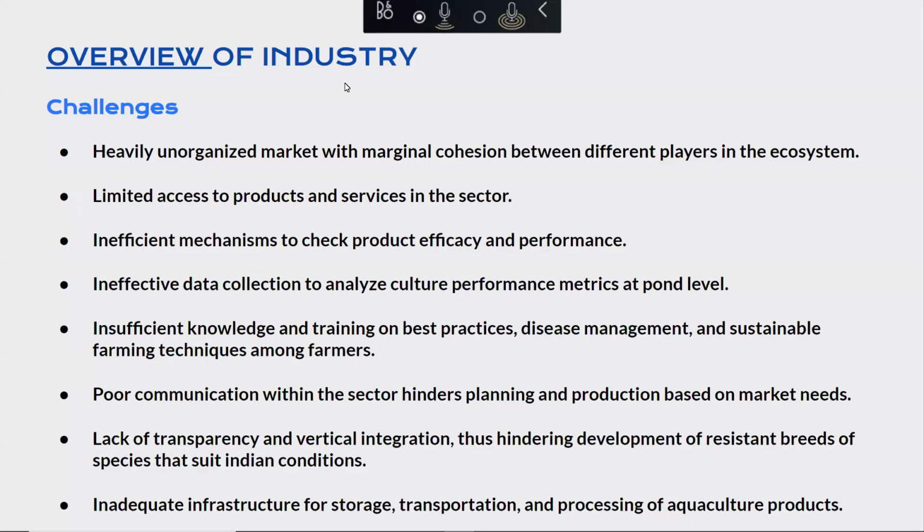And also there is a huge lack of best practices and insufficient knowledge and training in disease management and sustainable farming techniques among farmers. A lot of our aquaculture farming is very unorganized and there is no connectivity or transparency with the end consumer, that is the buyer or a retailer or an exporter.